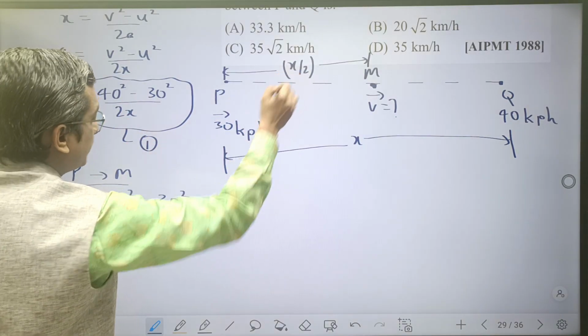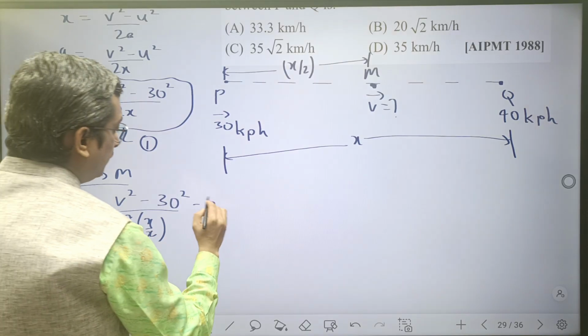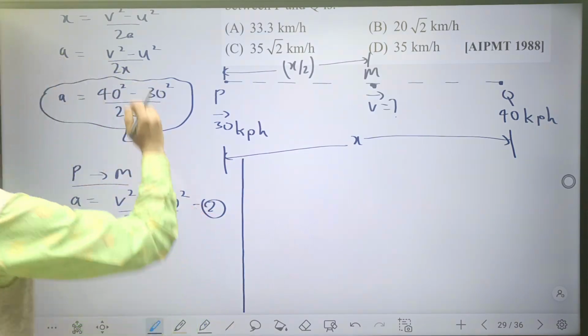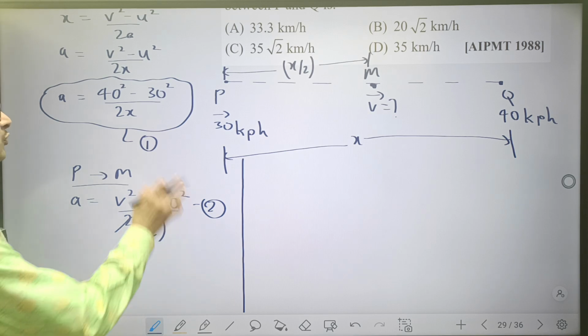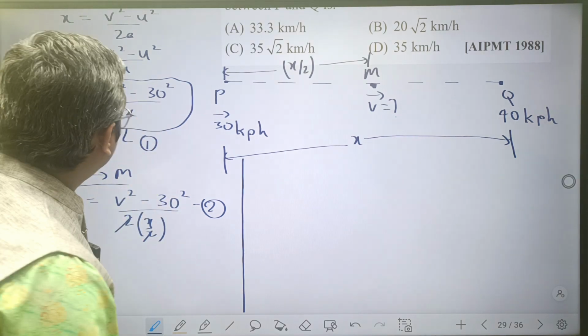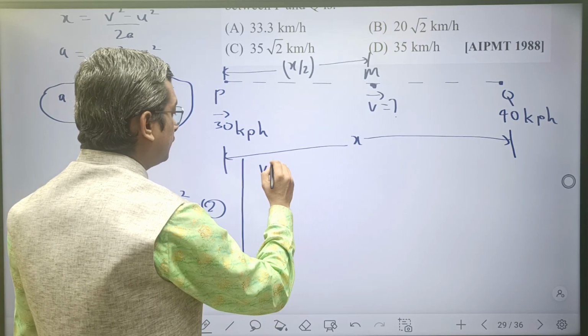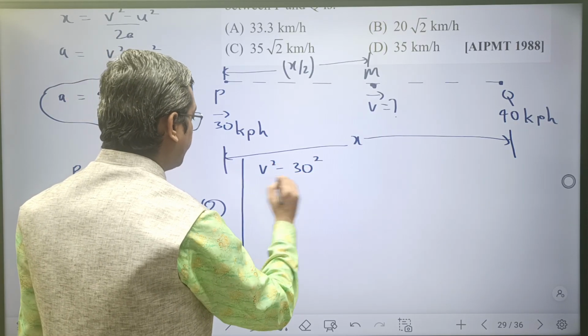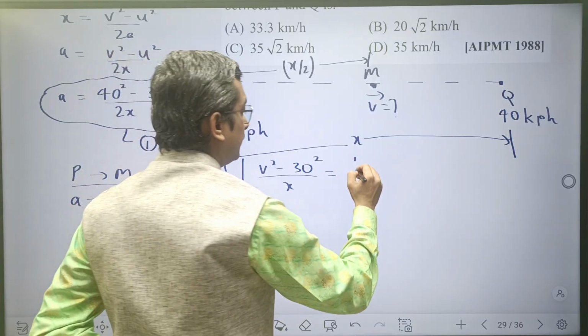In this case, distance is x by 2, so this cancels, this is equation 2. Since the two expressions belong to the same quantity, that is acceleration, you can equate the right hand sides of these two equations, that is v square minus 30 square by x is equal to 40 square minus 30 square by 2x.